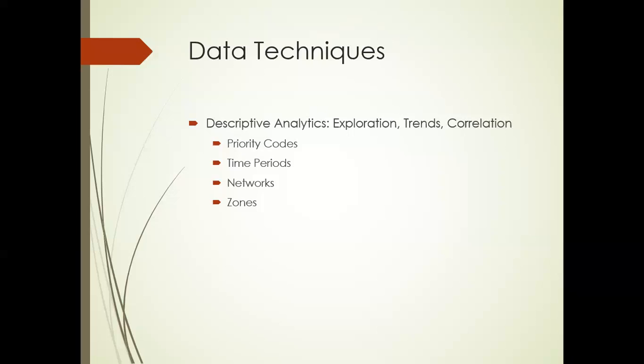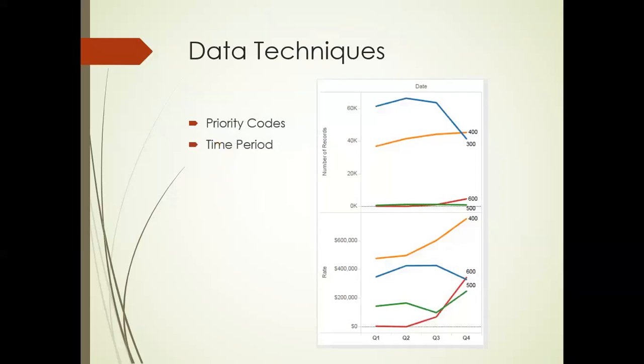So we're able to look at the inventory with levels of priority on what's supposed to run and what is not. We have time periods, networks, and zones, as I stated. So I was exploring that data in Tableau with priority codes and time periods.